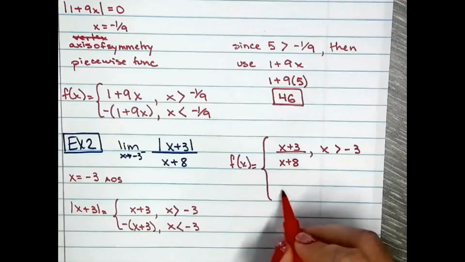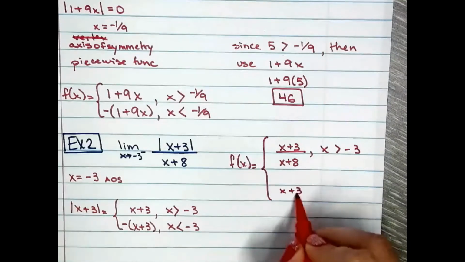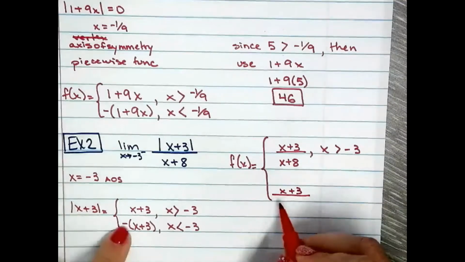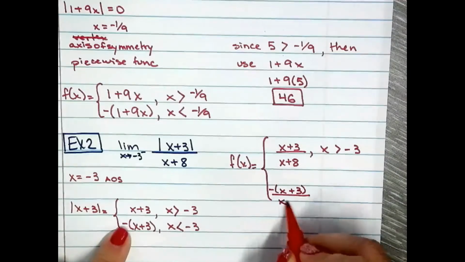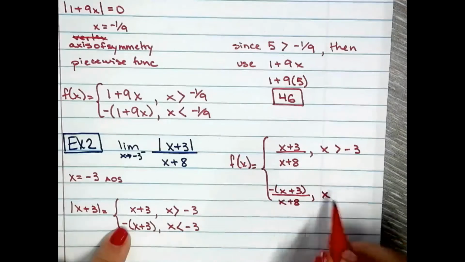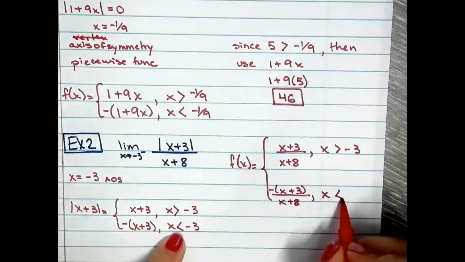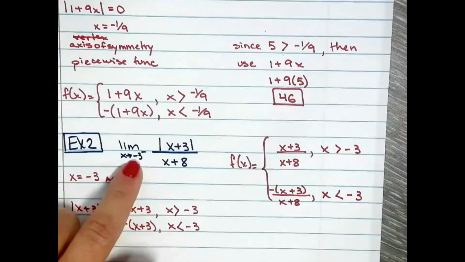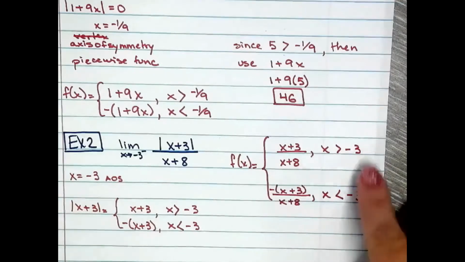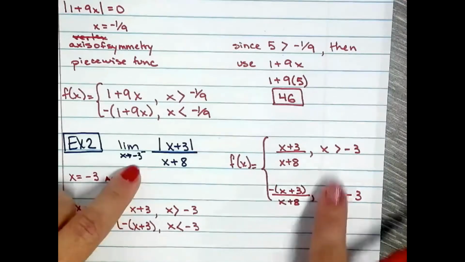And I will use, just kidding, negative x plus 3 over x plus 8 under the condition of x being less than negative 3. Okay, so now when I look at this, negative 3 approaching from the left, well, they're both negative 3. That's why I didn't put the equal sign there.